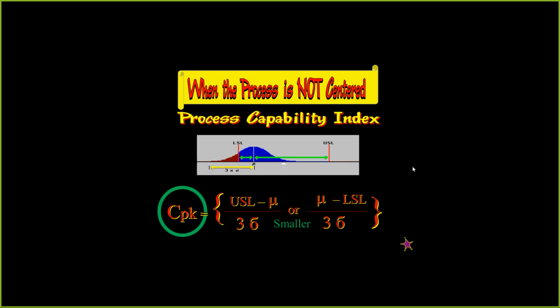When we have process capability index, we're going to use both of these formulas and choose the smaller value out of both of them. That's going to let us know where our data is kind of clustered highest, and maybe where we should readjust our data.